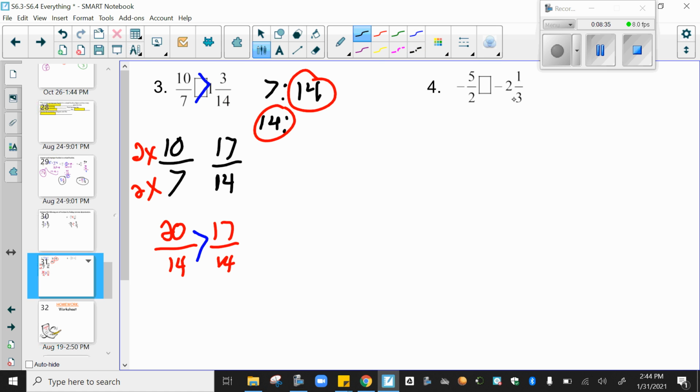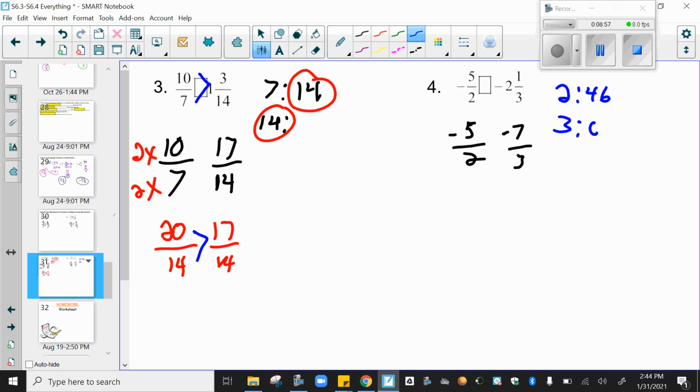Do it again. They're different, so we're going to try it again. So negative 5 halves, that's our first one. The other side, negative 3 times 2 is 6, plus 1 is 7 thirds. 2 and 3, we did that one yesterday. We know it's 6, so 2 times 3 is 6.